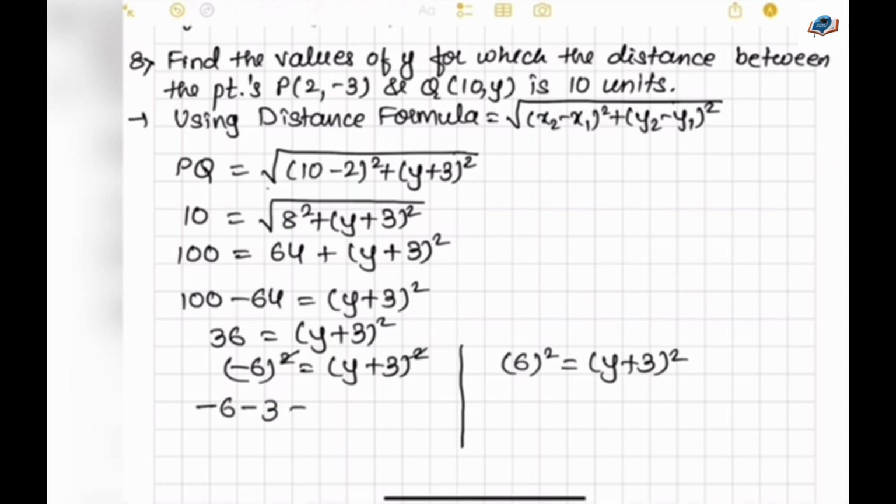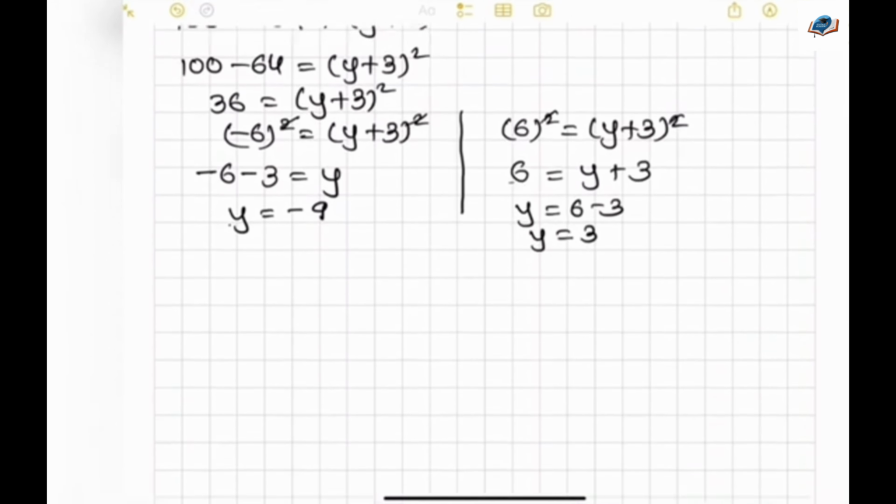So cutting both sides square, I will have minus 6 minus 3 equal to y. So y equal to minus 9, or 6 equal to y plus 3. So y equal to 6 minus 3. So y equal to 3.